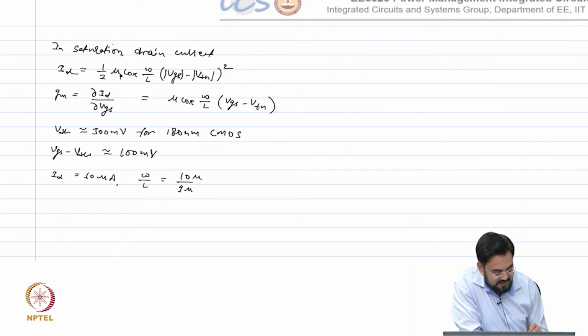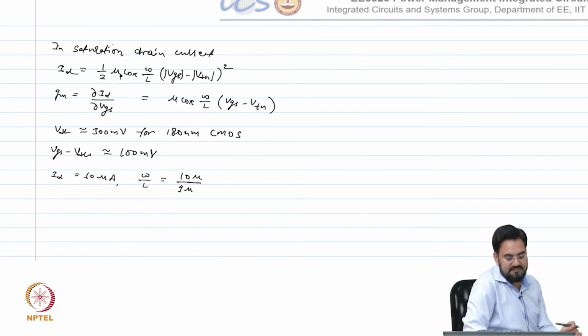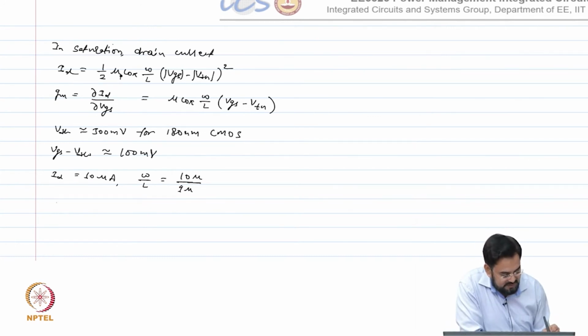So, 10 micron width, and so can you find the GM? Mu P Cox, you can assume roughly 50 microamp per volt squared.